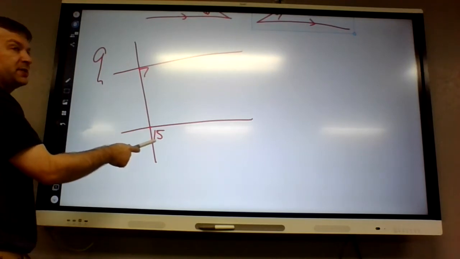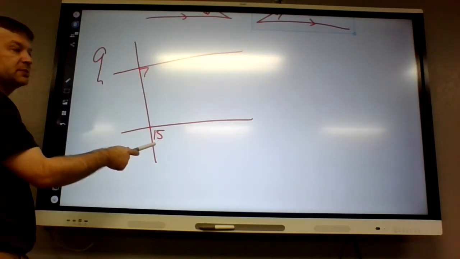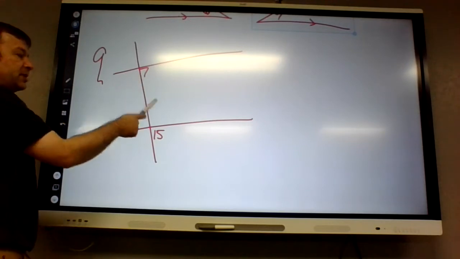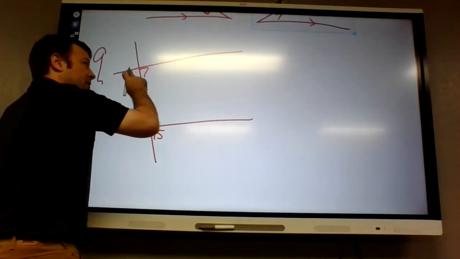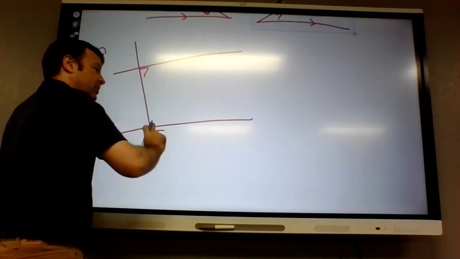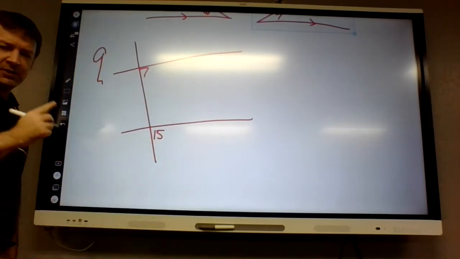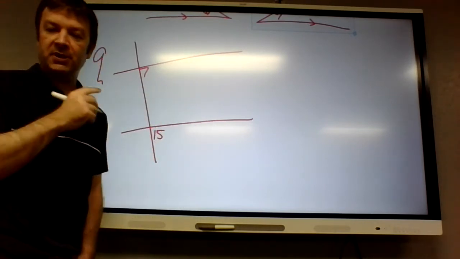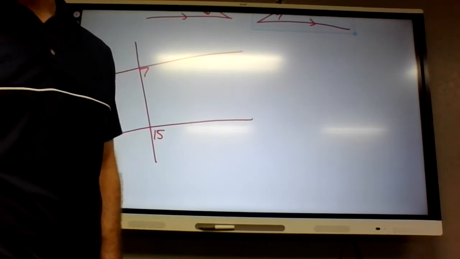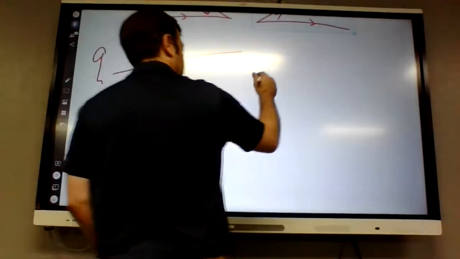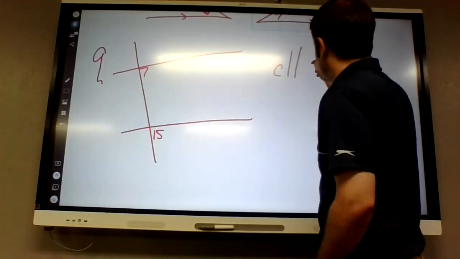That's going to be part of the answer. Oh, corresponding. Yeah, they're in the same corner. They're like twins. So if they're congruent, these two lines would have to be parallel because corresponding angles are congruent. So what are those two lines? C and D. So I'm going to put C parallel to D.